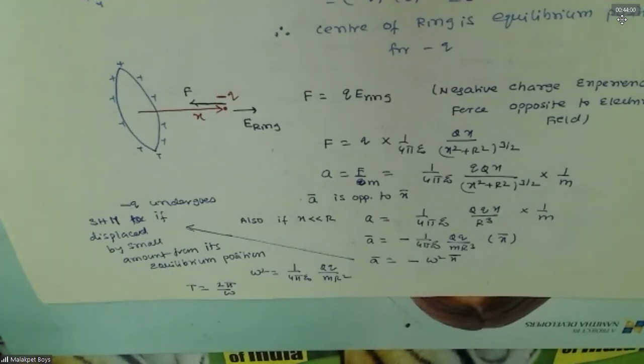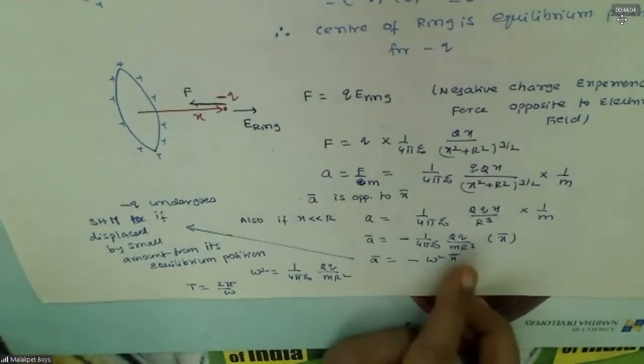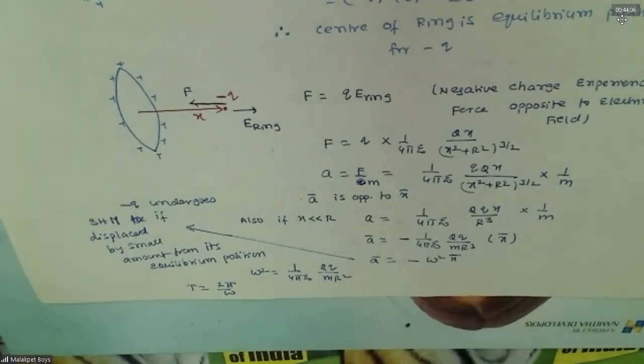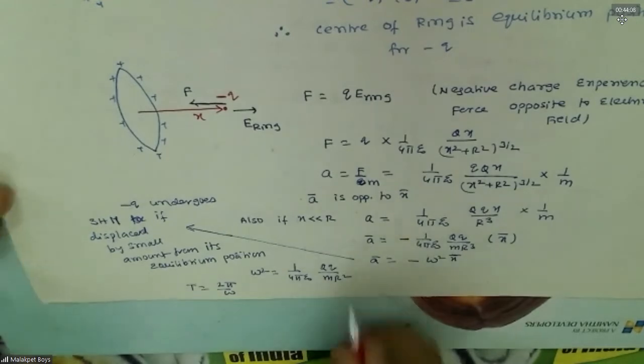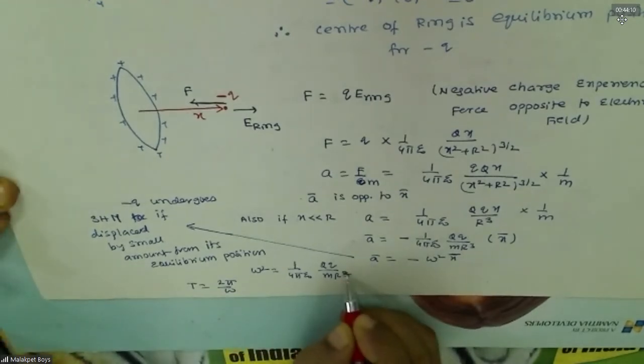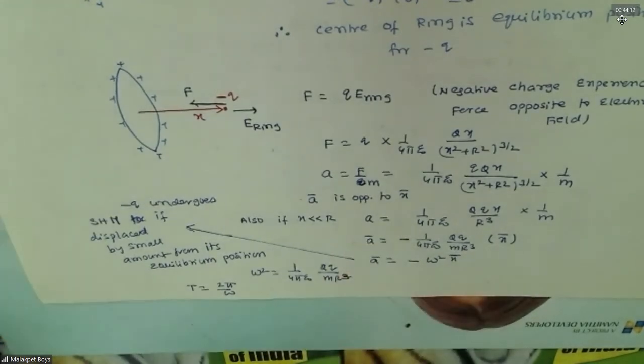Sir, omega square is 1 by 4 pi epsilon naught, q into q by m r cube. No, sir. Followed this? Yes, sir. Followed. Done, sir.